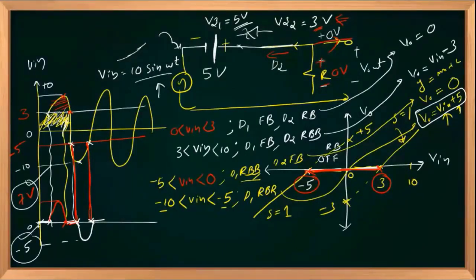And output is equal to 0 for a range -5 to +3. That you can observe here. This is +3 and this is -5. During the entire range, Vout is 0. So this is the transfer characteristics of the given circuit.